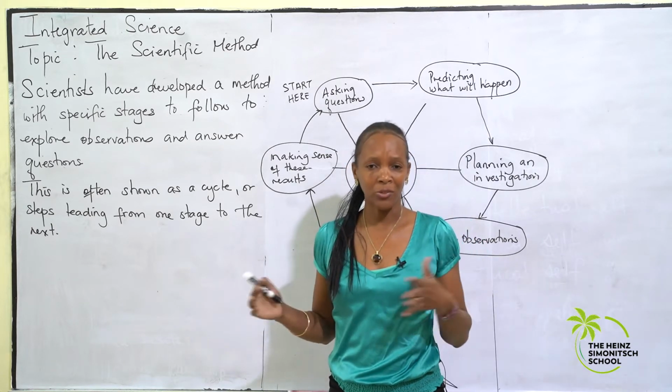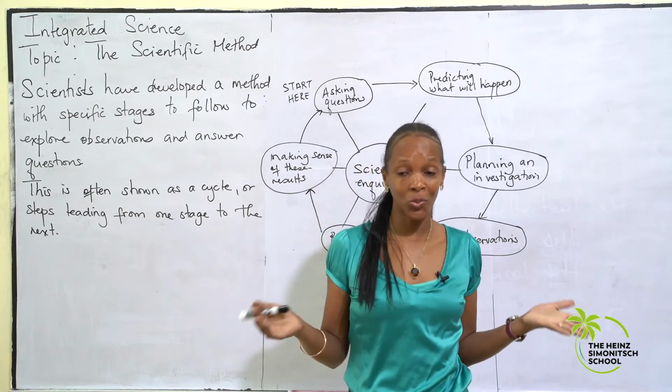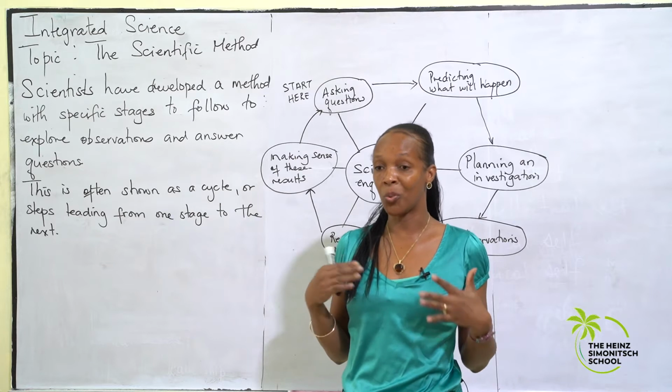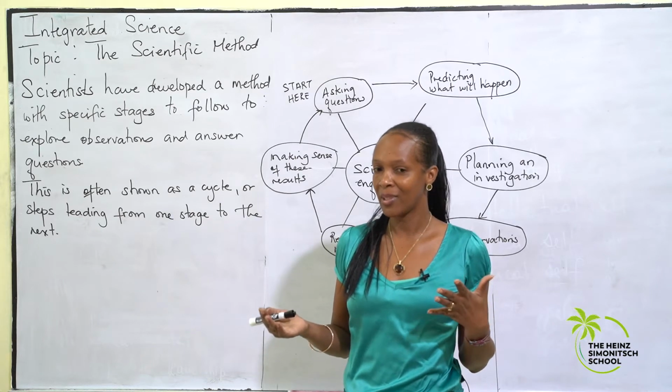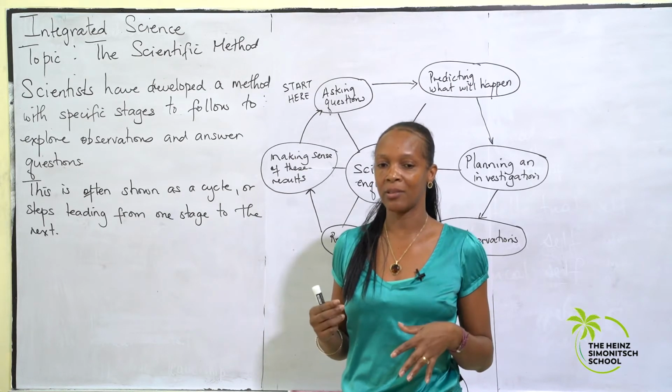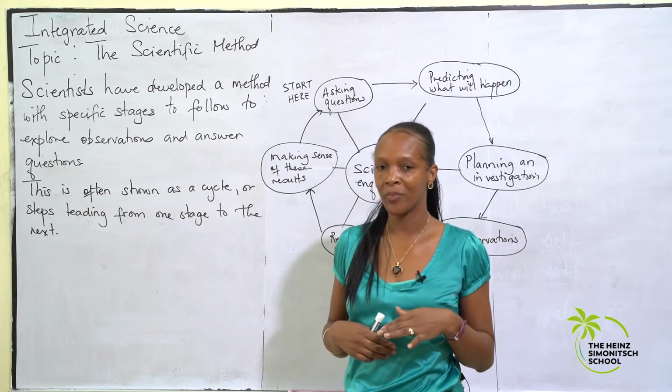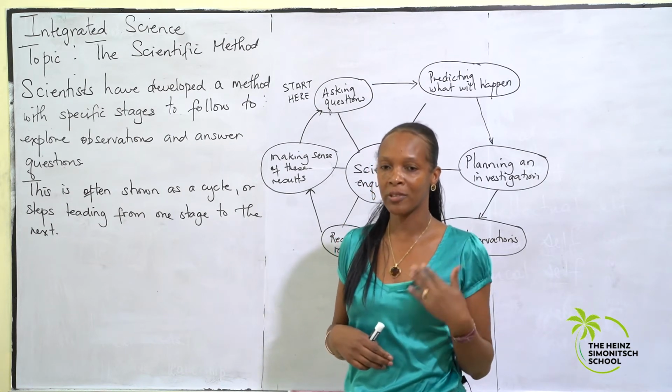So it all starts with a question. Don't we all have questions we ask every day or things we want to find out about? That's how it starts with a scientist. So we're all scientists. By the end of this lesson, you're going to see how much of a scientist you are.